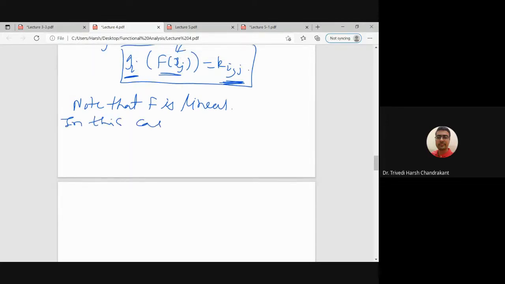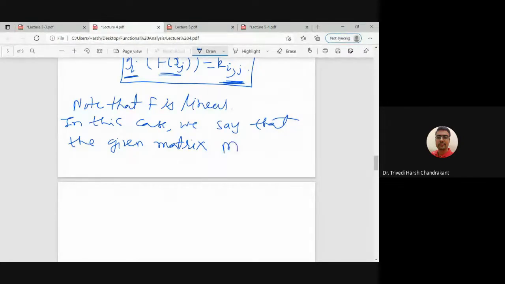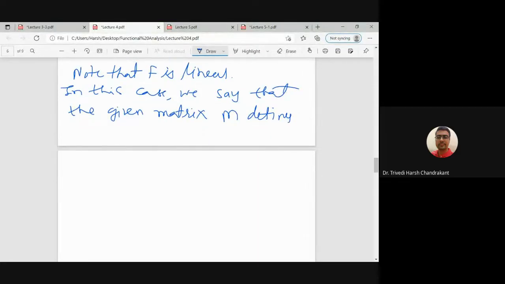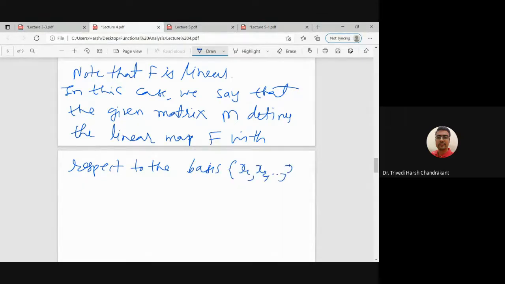In this case, we say that the given matrix M, that is kij, defines the linear map f with respect to the basis x1, x2, ..., xn of x and y1, y2, ..., ym of y.